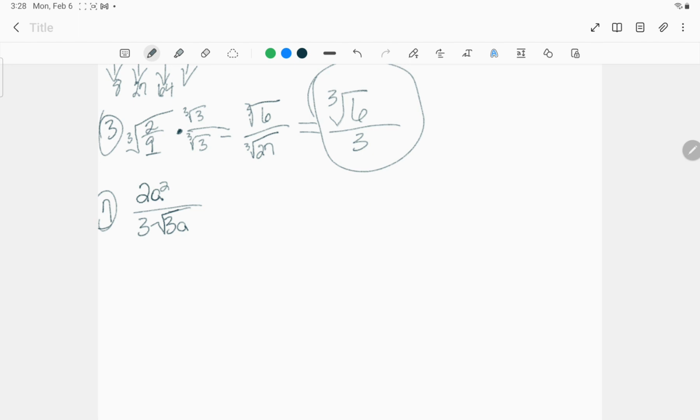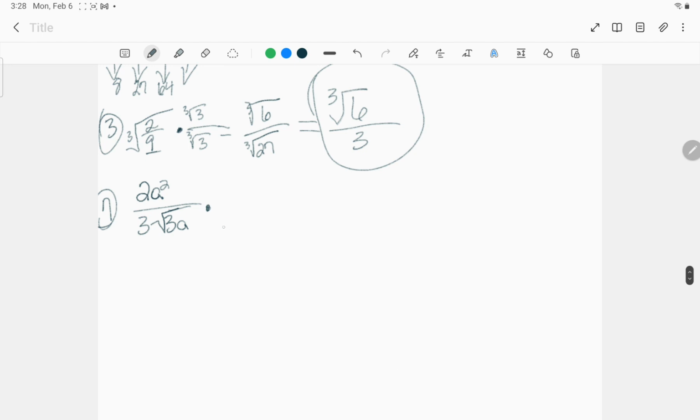So remember, my plan is to get rid of the square root in this denominator. I want to get rid of that. All right, so I'm going to multiply both the top and the bottom by 3a.